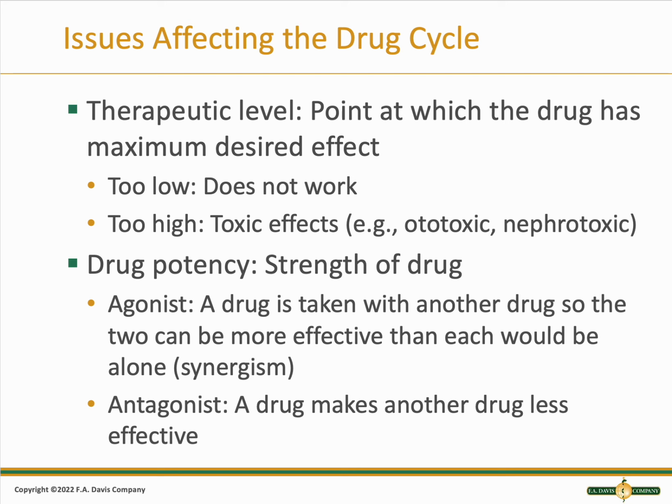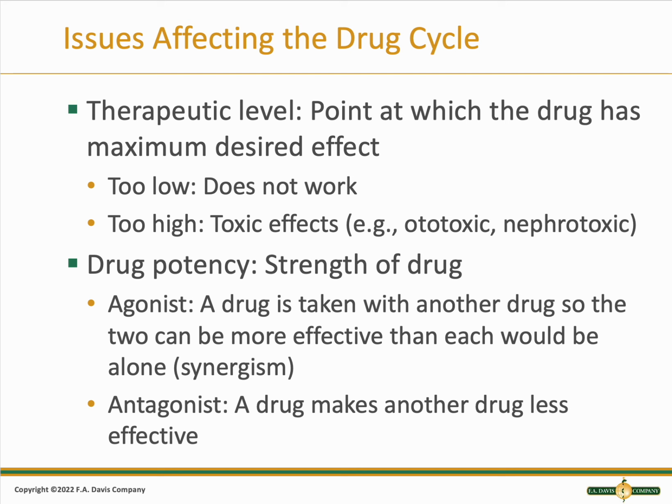And we can measure this. When you go to the doctor, certain drugs we check directly on a regular basis, and we check the levels of them. Lithium is a good example, if you're aware of that drug, and there are others as well.